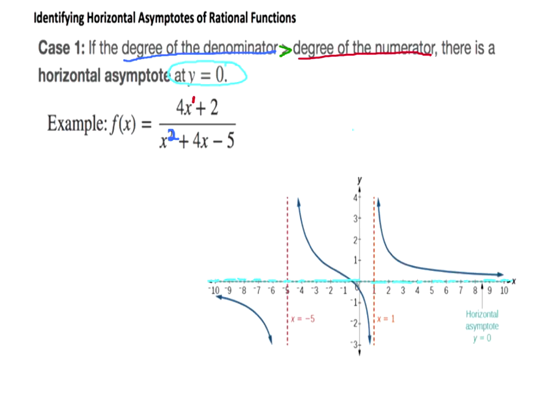Only a portion of your graph has to be approaching it but not crossing it. But notice this part right here crosses right over that horizontal asymptote, whereas the asymptote is approached on the tail ends of this function. So horizontal asymptotes are a little trickier than vertical asymptotes are.